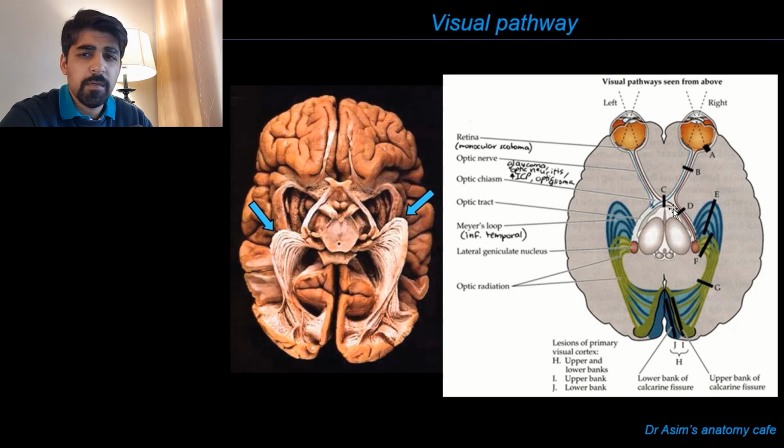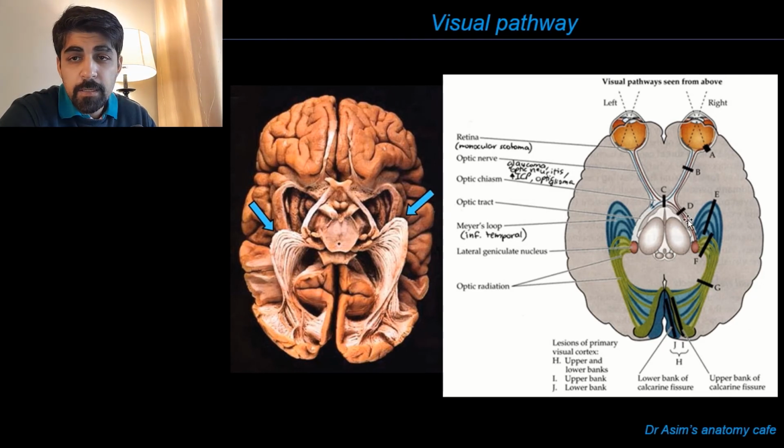And this is a very common thing which happens inside the neuronal tracts in the brain. The crossing or the decussation happens at different levels inside the central nervous system for different sensory and motor pathways. Now what you can see here is that the temporal fibers do not cross at the optic chiasma, but the nasal fibers are the only ones which cross over.